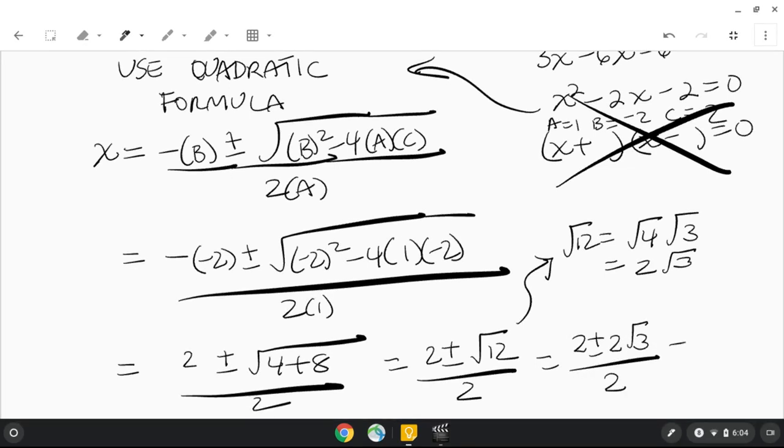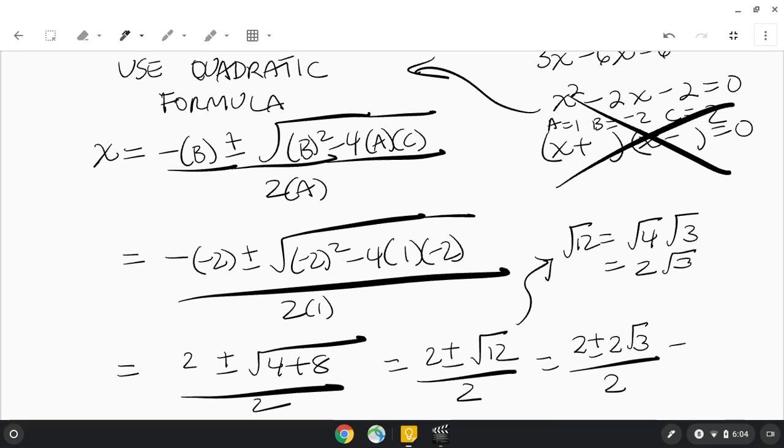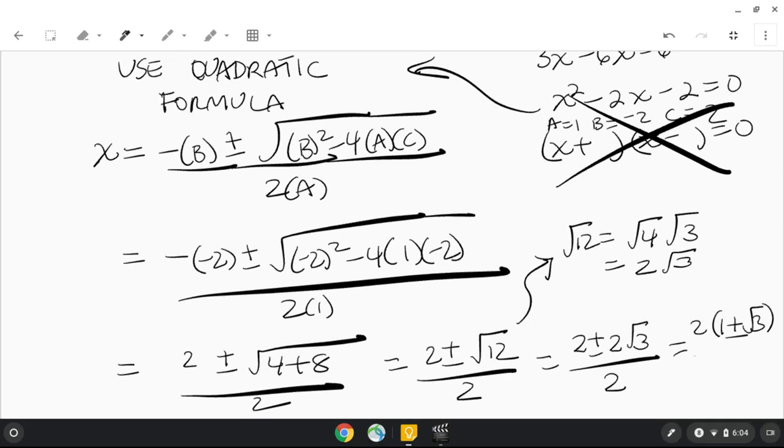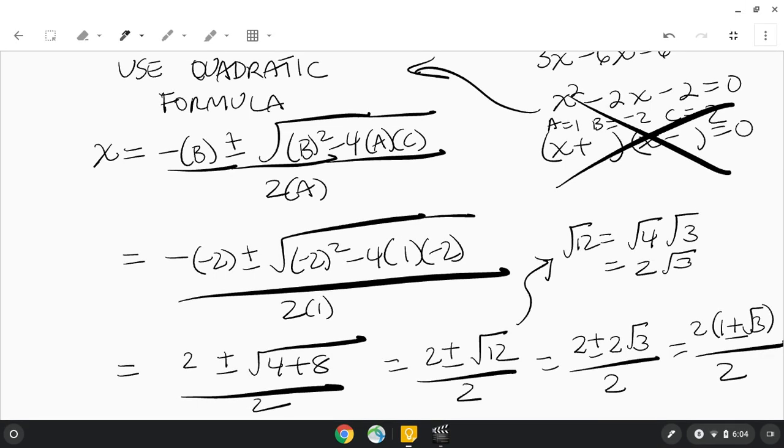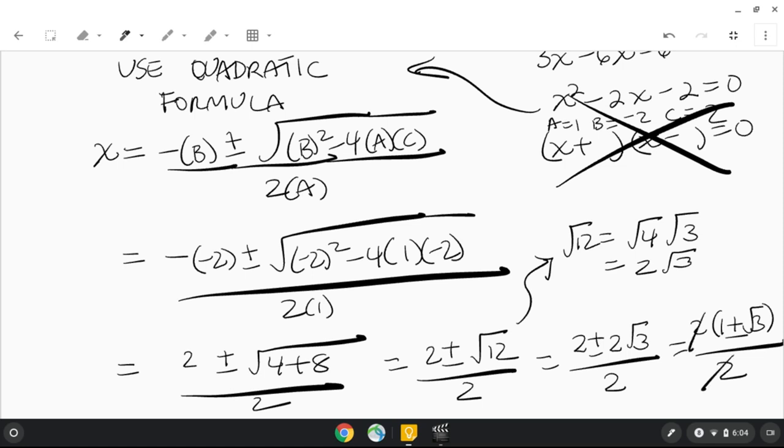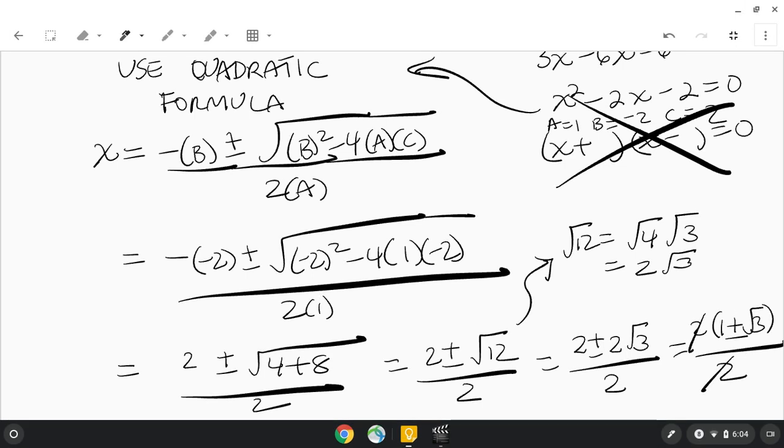And in the numerator there, I'm going to factor out a 2. And now that 2 is factored out, I can go ahead and cancel it. Okay, and there are my 2 other answers.